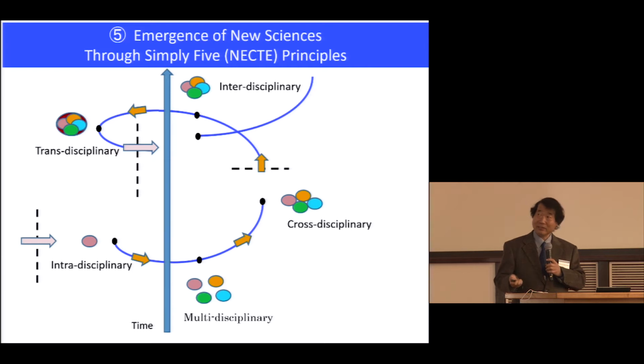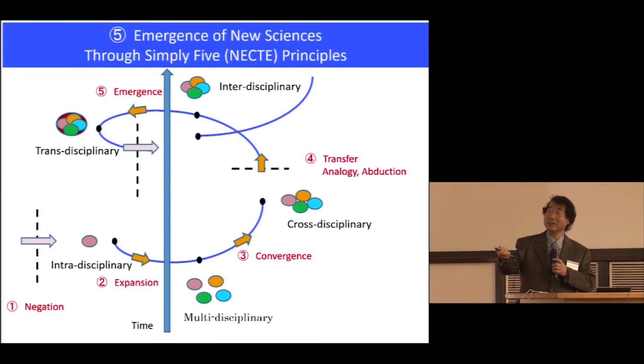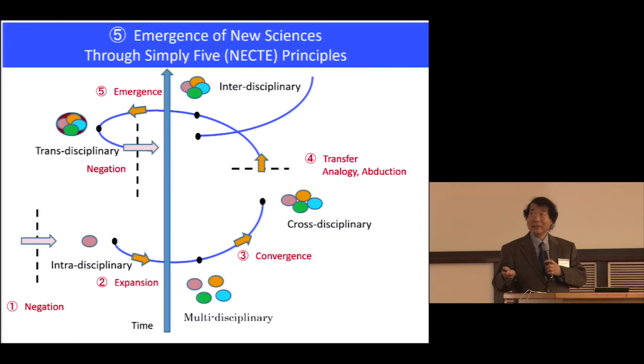And the interesting thing is, starting from negation, expansion, convergence, and transference, and emergence, we can design or make some image about these different principles. And then if we start another negation, another spiral starts forever.